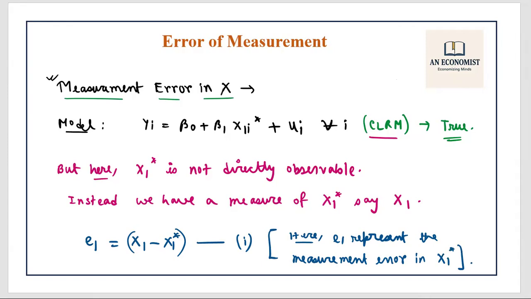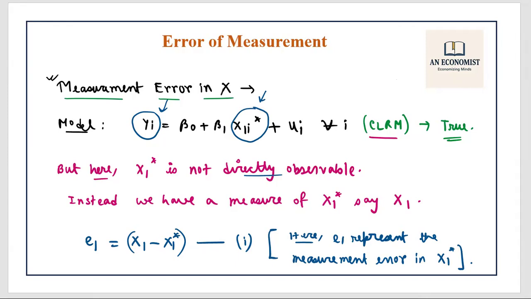This is a similar thing that we have done in the case of y as well. In the case of y, we take this variable to be y star, and then we have introduced another variable y. Here, this y variable is independent of any kind of measurement error. The y values are already available to us. But due to lack of information, this x1 star is not directly observable.